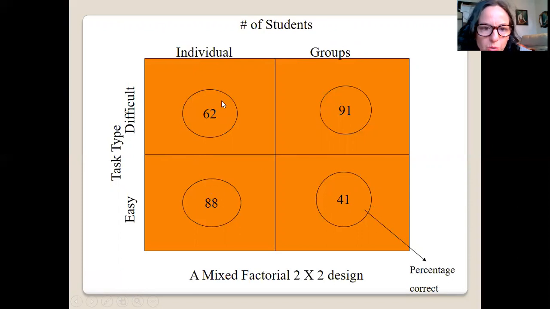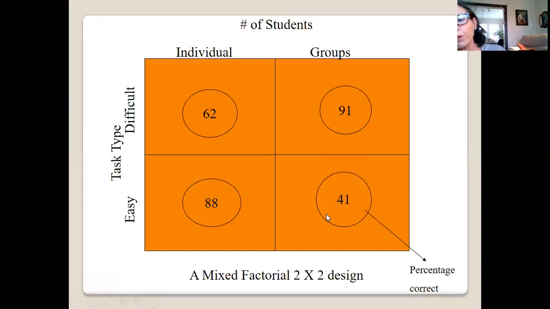Now remember that the 25 people here who did the difficult task as an individual will then do the difficult task as a group. And the same here, the 25 people here, they're going to start with the easy task as an individual, but then they're going to do the easy task as a group.